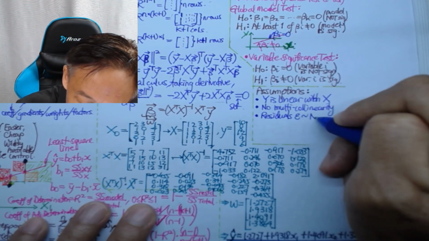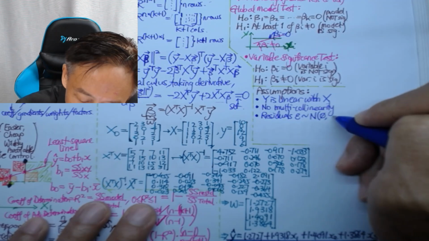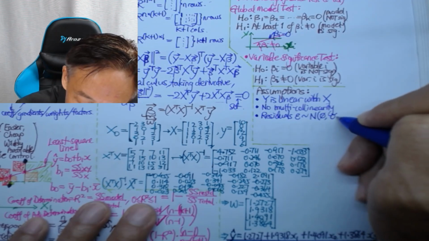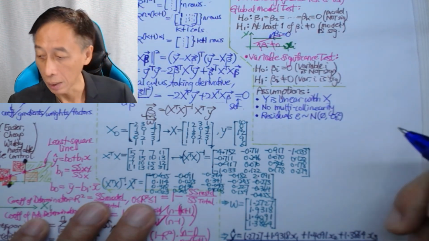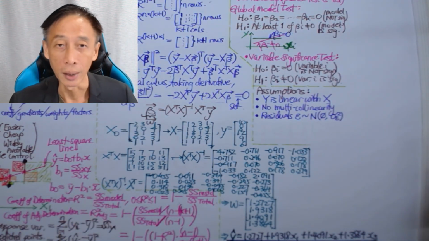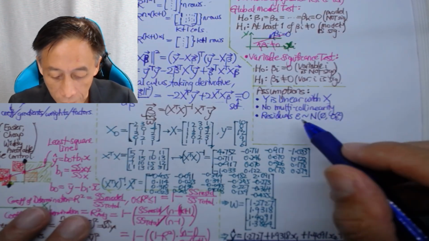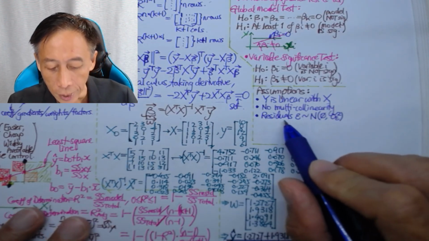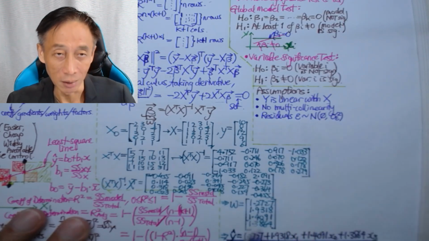They follow a normal distribution with a mean of 0 and a variance of sigma epsilon squared. That means a constant variance. They are normal in nature, right? So the residuals need to hover around zero.